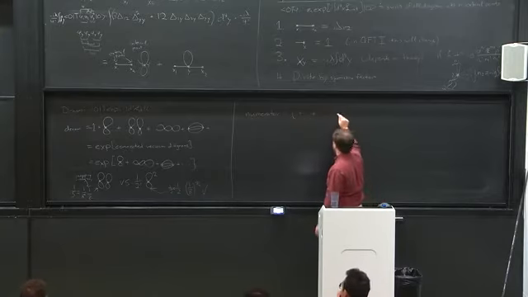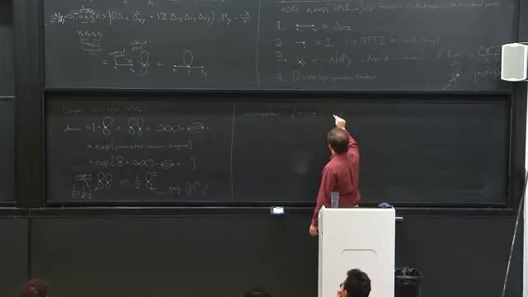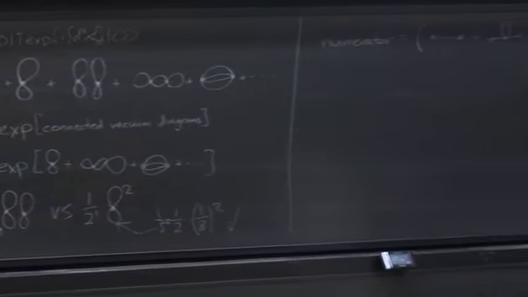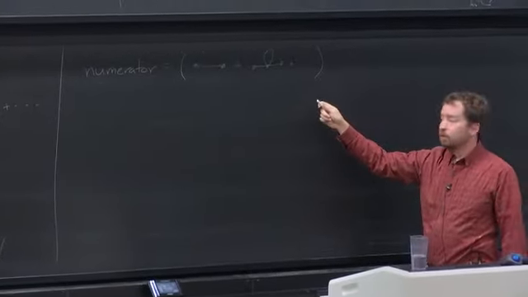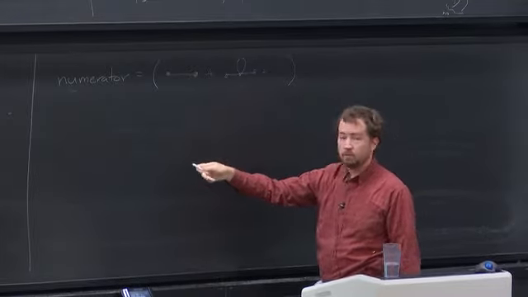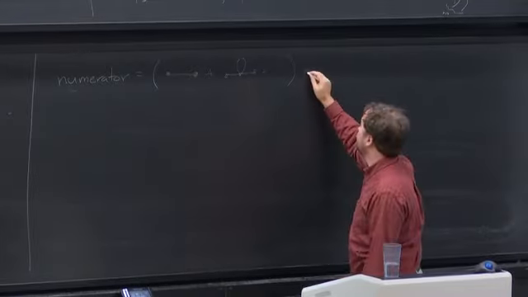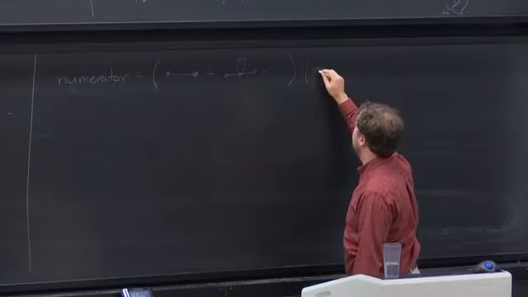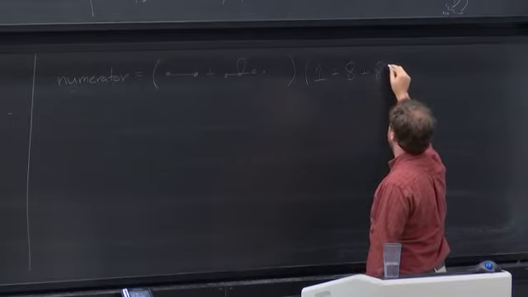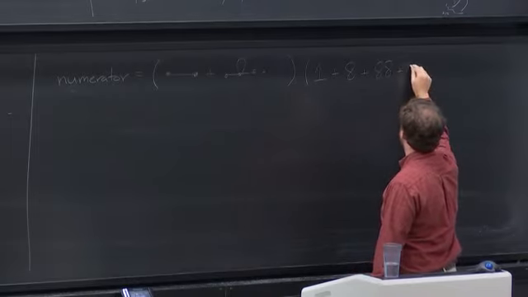So it could be this or this or some higher order terms. And then it can also have any number of connected components with 0 external points, which is just the denominator. 1 plus this, this.